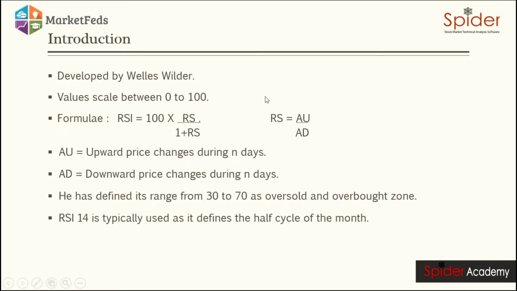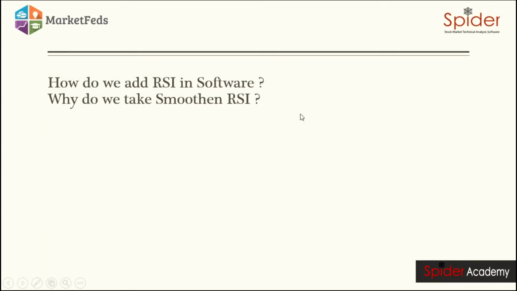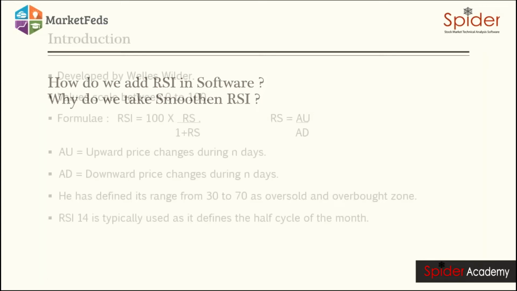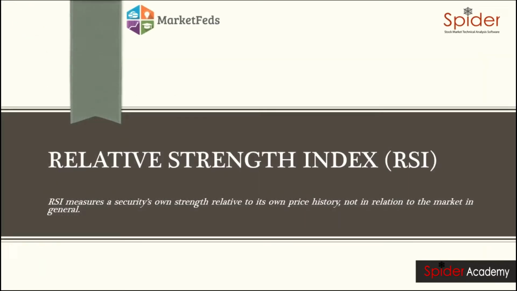To understand this better, when we are talking about the upward changes during a particular number of days, we already saw that RSI is nothing but changes over its own price history.